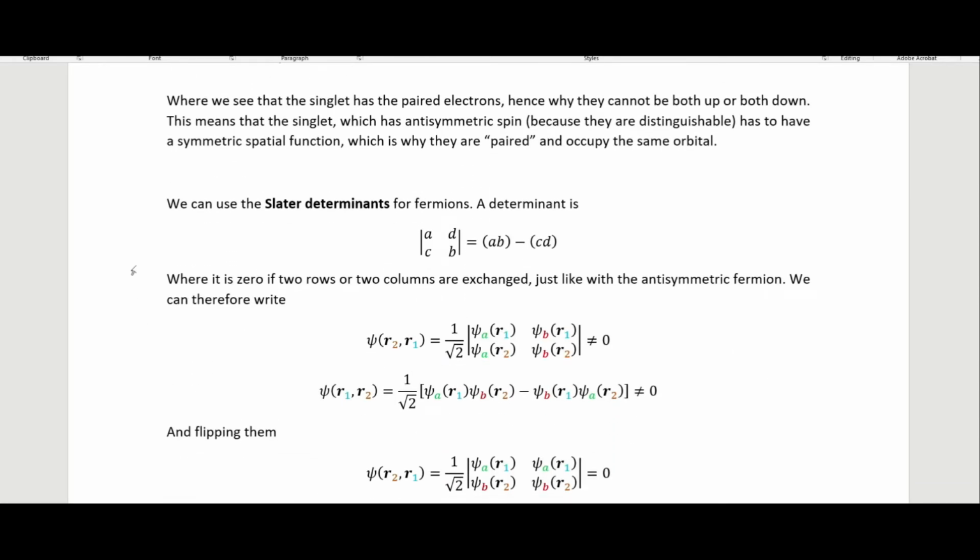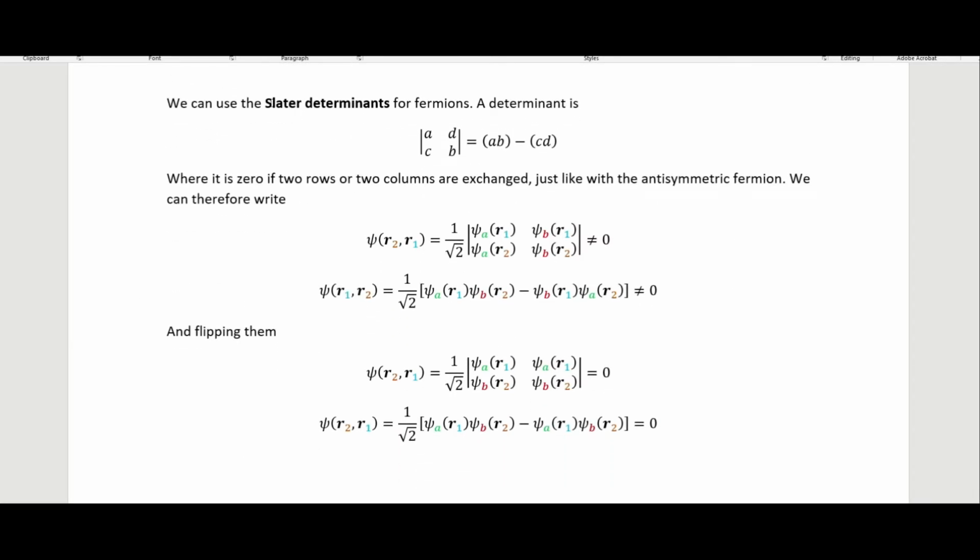And then we can actually think about this with Slater determinants, which Griffiths doesn't actually get into. I got this from my physical chemistry textbook, Physical Chemistry by David W. Ball, and I'm using the second edition here.